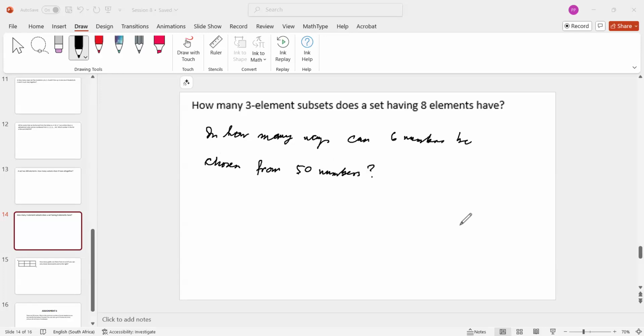Now, you might recognize this is the same as the lotto problem. I've never played lotto. I think it's 50 or 49 or something. But you've got a large number of numbers and you want to choose 6 numbers.